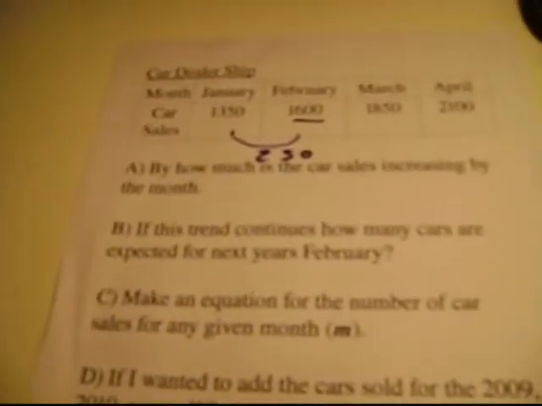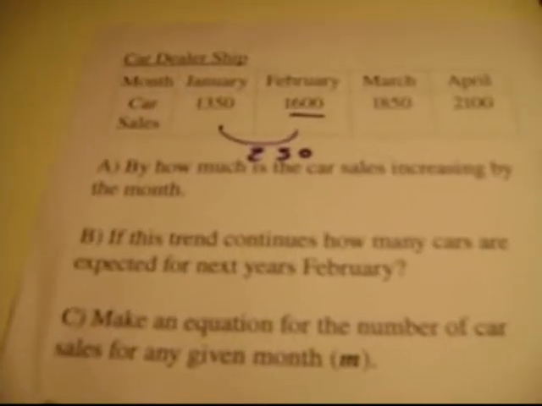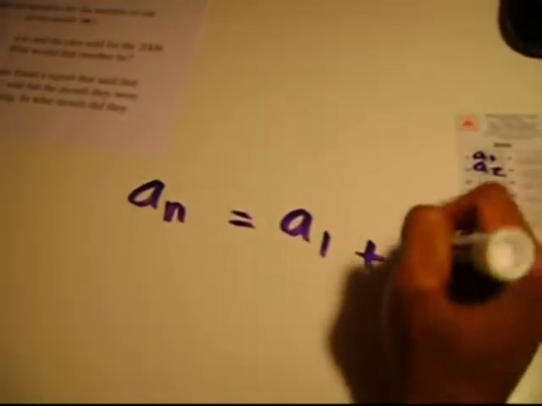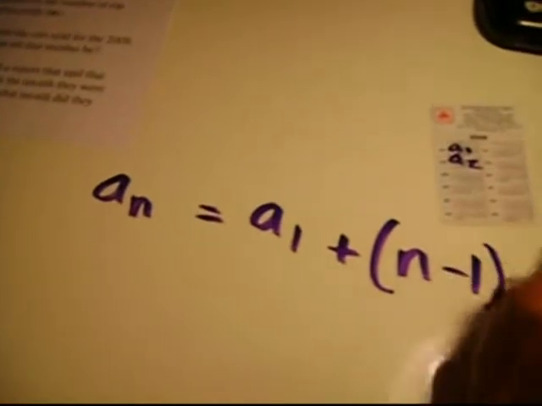The next part of the problem says, if the trend continues, how many cars are expected for next year's February? To do this, you will need to use your equations. Here, we would convert January into A1, February into A2, and so on. You will need your equation An equals A1 plus n minus 1 times d.